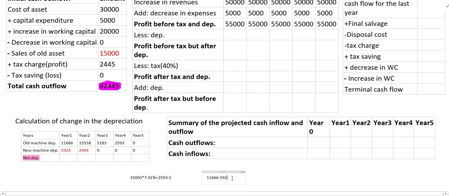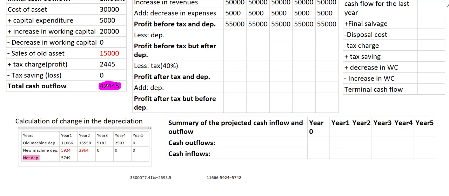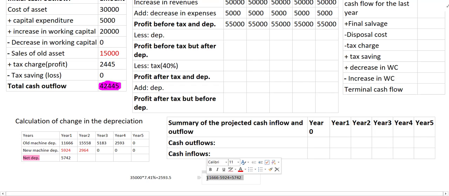So mention 24 here, which is equal to how much? The remaining balance, as net depreciation, is 5,742.